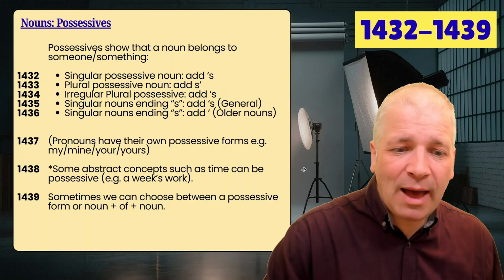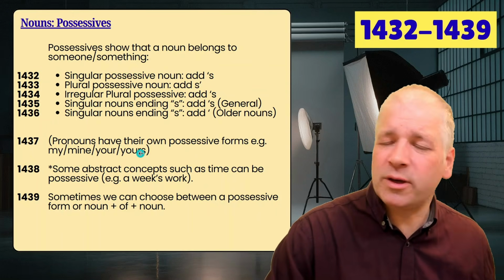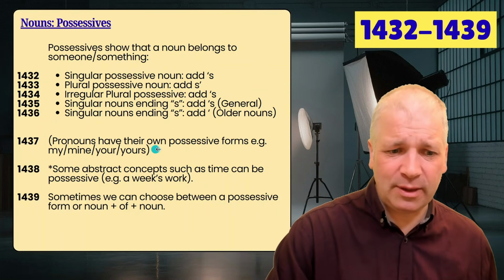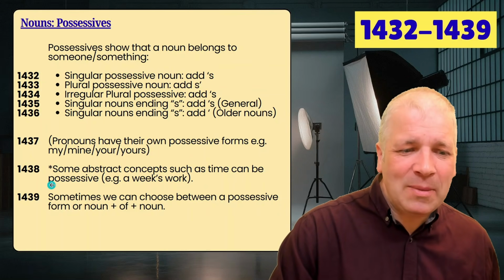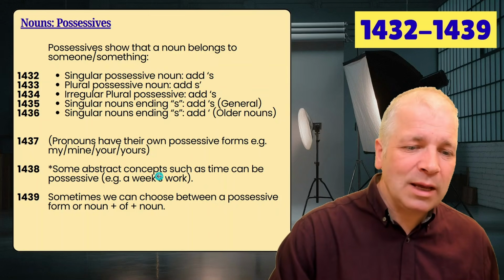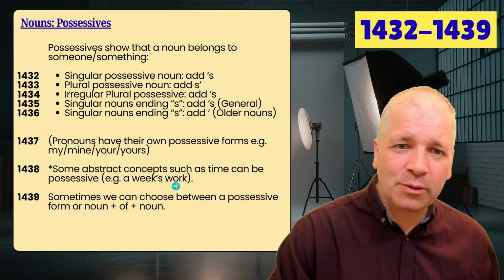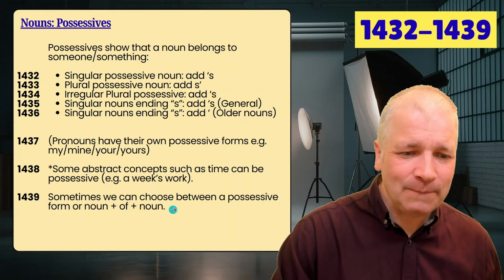Now, pronouns have their own possessive forms, my, mine, your, or yours, so you don't have to use apostrophes here. Now, some abstract concepts, such as time, can be possessive in English. For example, a week's work. Well, week's is apostrophe s because the work belongs to the week. It's an abstract concept, but we still do it.